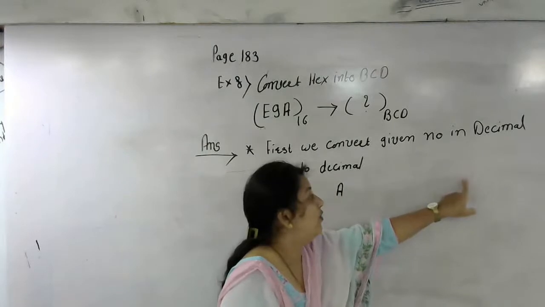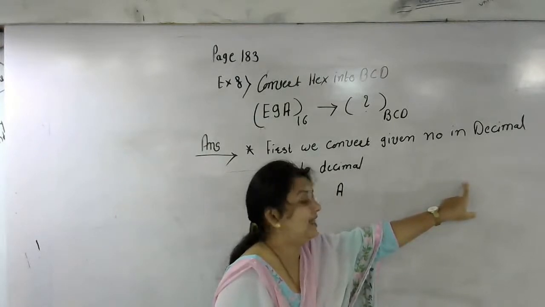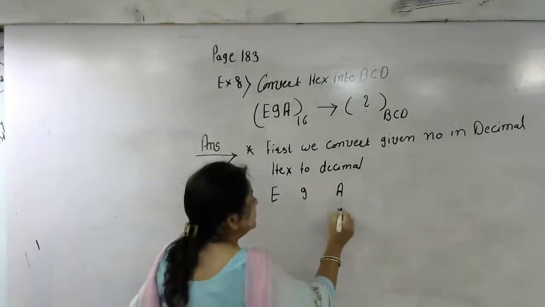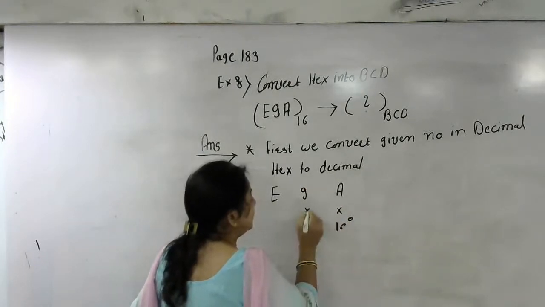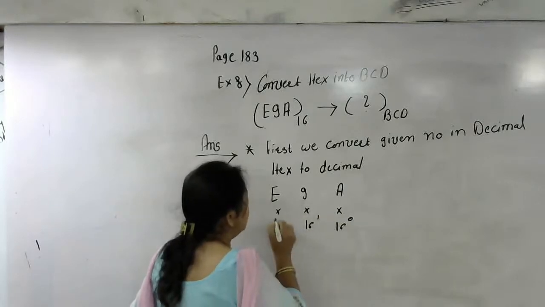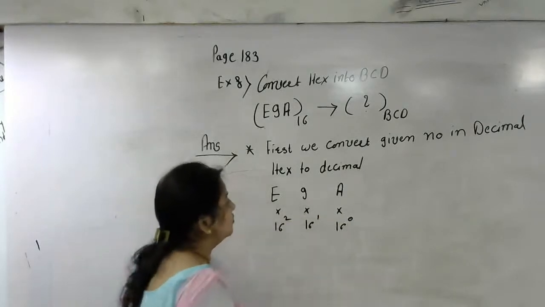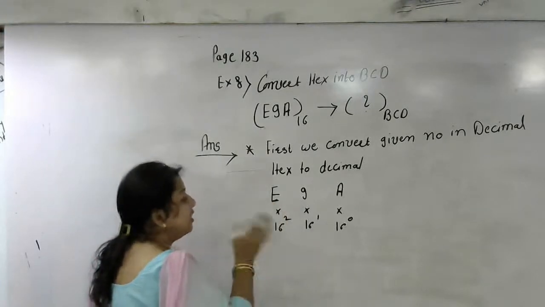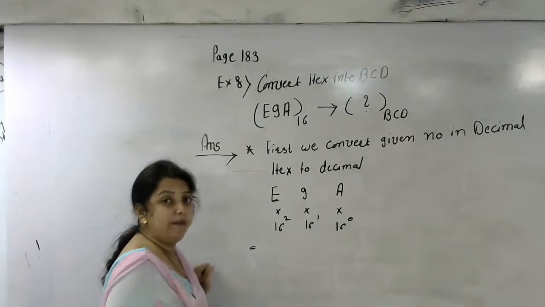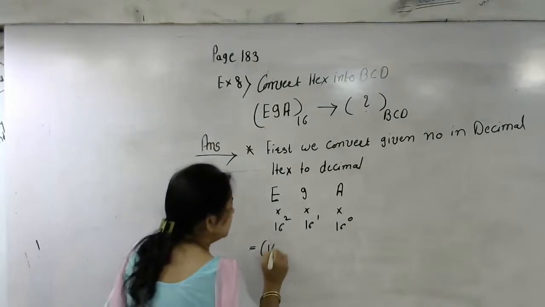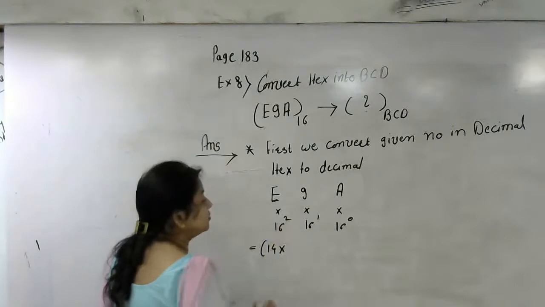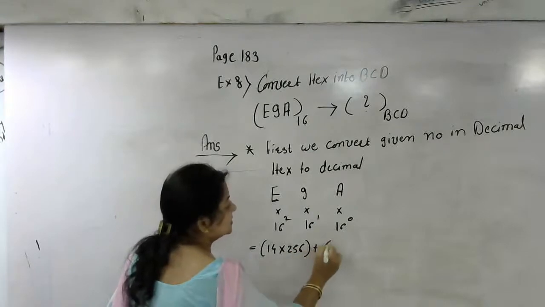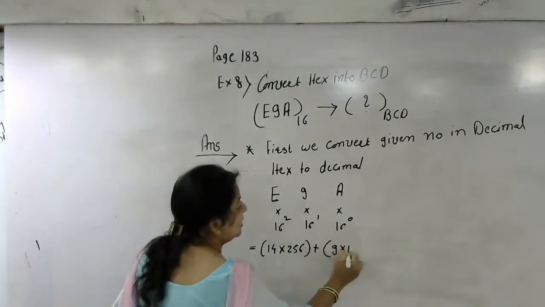We multiply by 16 raised to 0, by 16 raised to 1, and by 16 raised to 2. E means what before F? E F. F means 15, therefore E means 14. So 14 multiply 16 raised to 2. The square of 16 is 256, plus 9 multiply 16.